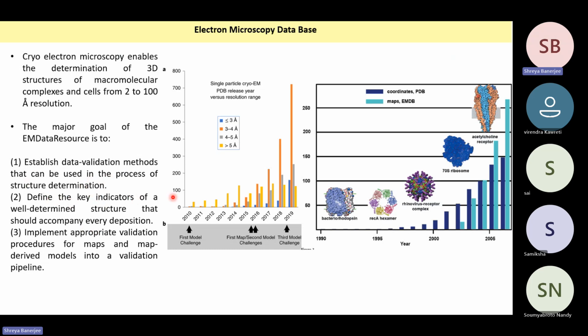It defines key indicators of a well-determined structure that should accompany every deposition. So whenever a structure is being deposited, what are the main features that need to be deposited is also mentioned in this EM Data Resource. Finally, appropriate validation techniques are included so that the software checking whether the structure is valid can function very fast. So EM Data Resource is basically available in order to quickly validate the structure being deposited in the PDB.